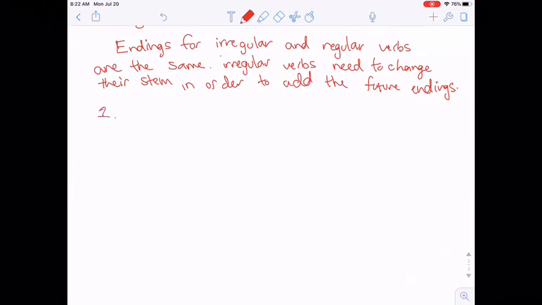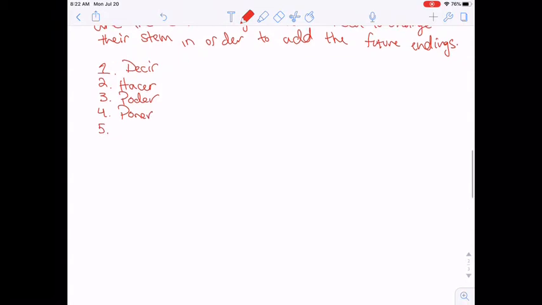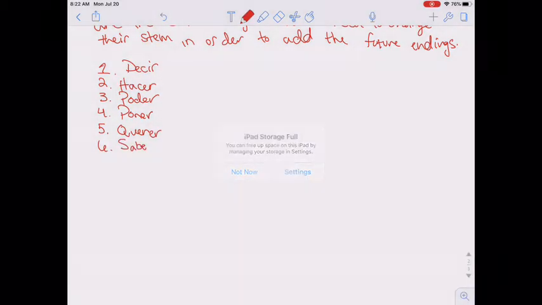So we have 1, decir, 2, hacer, 3, poder, 4, poner, 5, querer, 6, saber, 7 is salir, 8 is tener, 9 is venir.